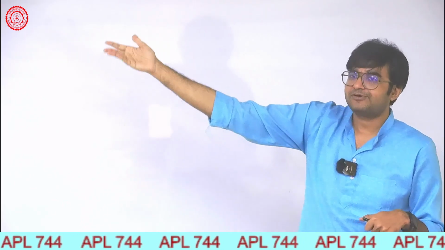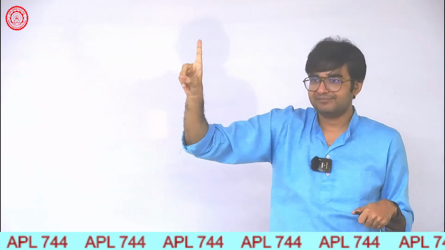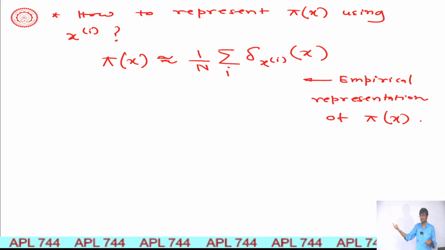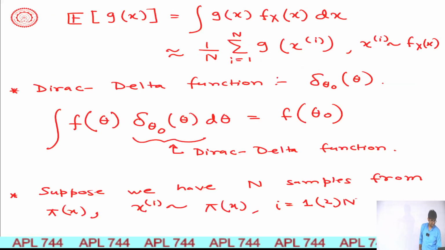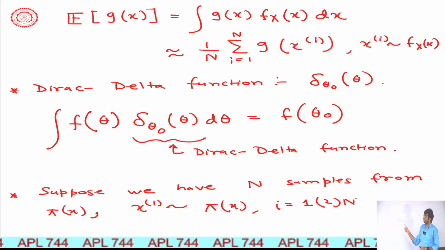So you will take 1 by n, and if you want to prove whether this is a valid PDF or not, take the summation and integration. Integration of delta xi will give you 1. N delta xi will give you n. N by n will give you 1. And not only that, you go back. This f of x is there, right? Go and put that distribution there.